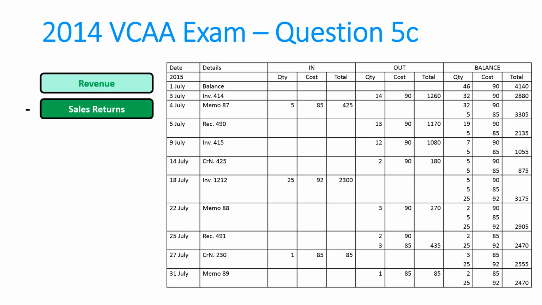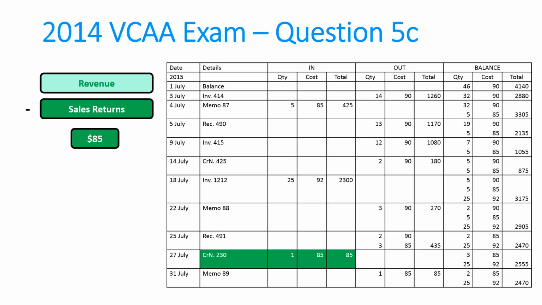The next section we need to remember will be less any sales returns. So before we get to cost of goods sold, we need to remember there could be sales returns. Now we actually looked at this earlier when we were figuring out what a particular transaction was, what some items we want to look for. So we know we'll find sales returns in the in column because it's stock we're getting back. And we know that it must have a credit note number, so there's got to be credit note 230.